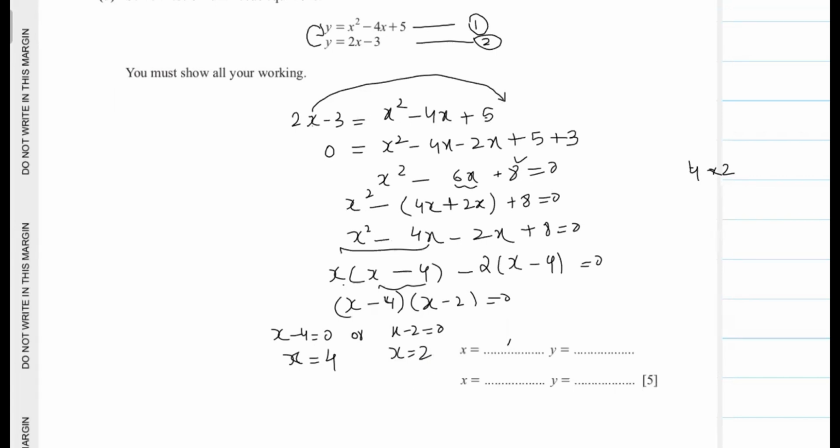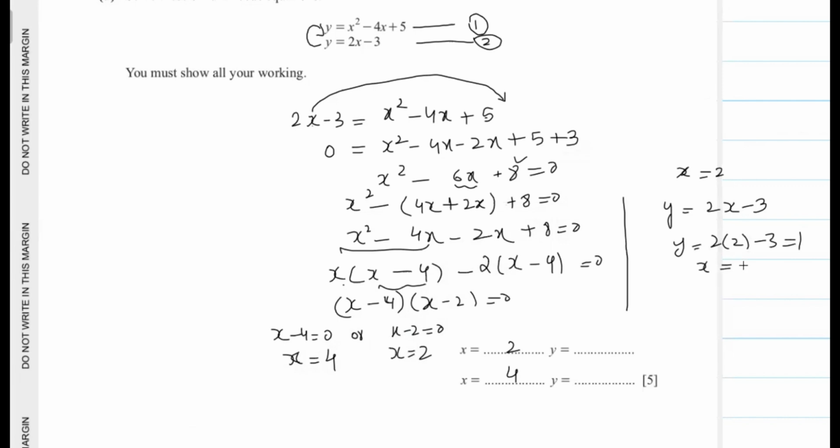Therefore we write x equal to 2 and x equal to 4, and we can get the value of y if we substitute this value in the second equation, y equal to 2x minus 3. Here when x equal to 2, the value of y will be equal to 2 into 2 minus 3 equal to 1.